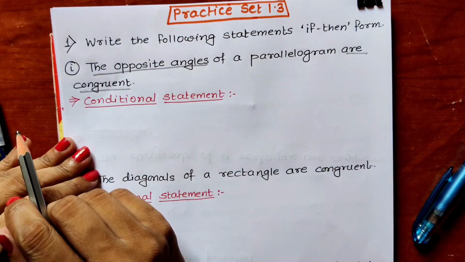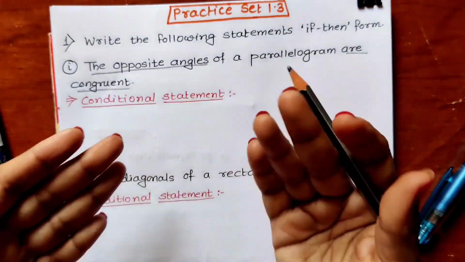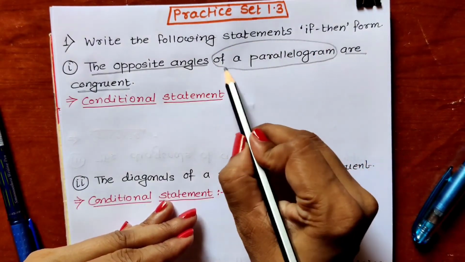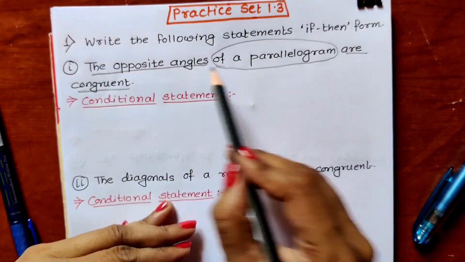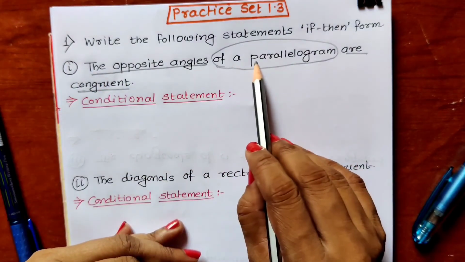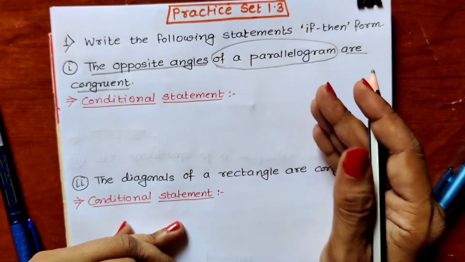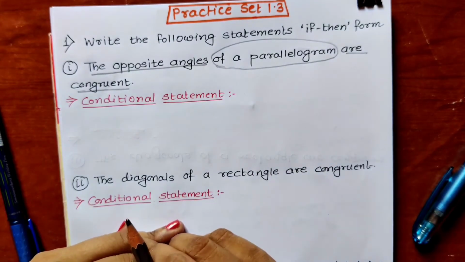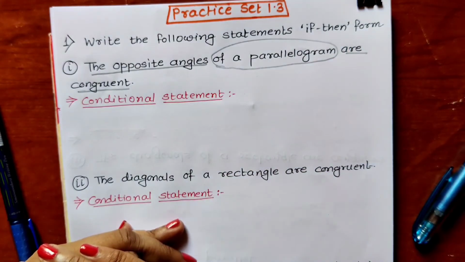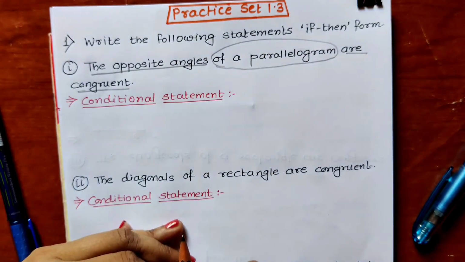This will be one part. Opposite angles are congruent, but of what type of shape? They are of a parallelogram. What is a parallelogram? A parallelogram is a quadrilateral. So if the quadrilateral is a parallelogram, then what is its answer? Then its opposite angles are congruent.